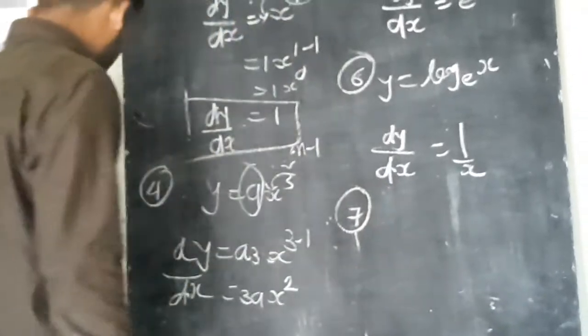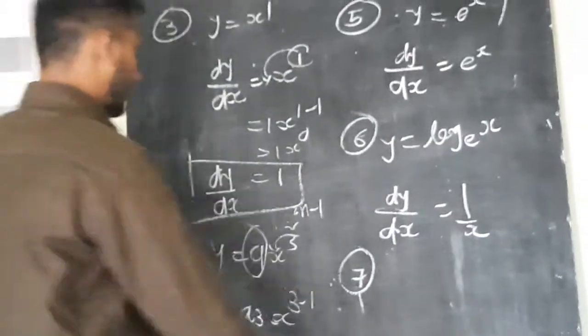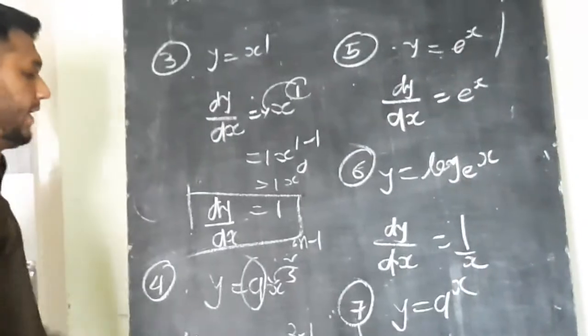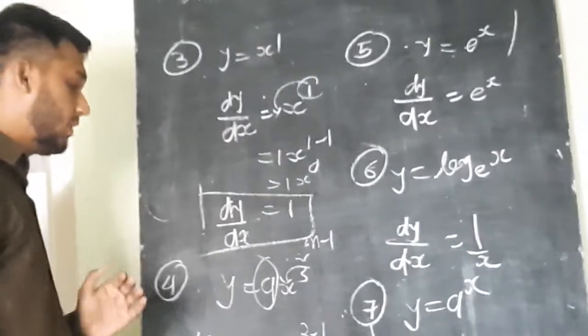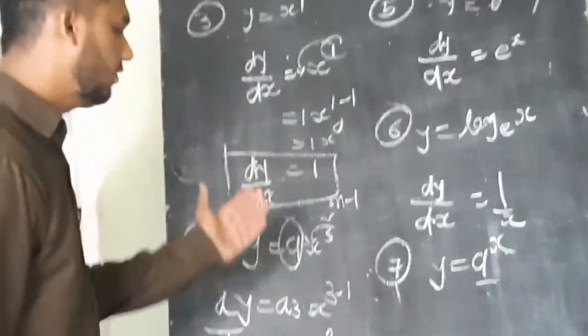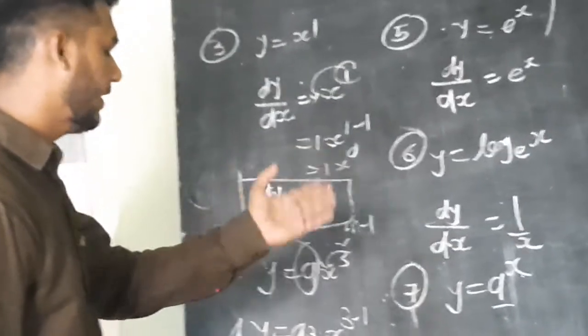Now our formula number 7 is y equals a raised to x. Okay, y equals a raised to x. Here the value of a is constant and x is the variable, so we have a raised to x.